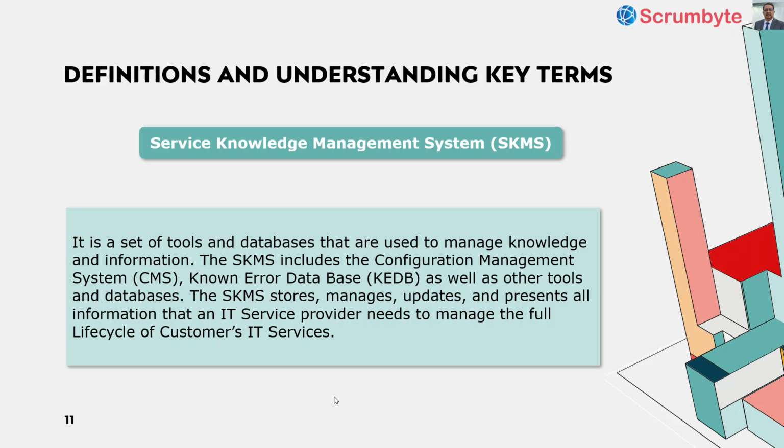Another important aspect that you need to note here is something called the KDB, which is the known error database. For example, if a very specific kind of incident has happened and there is no specific solution to it, it is recorded as a known error. This happens very infrequently.